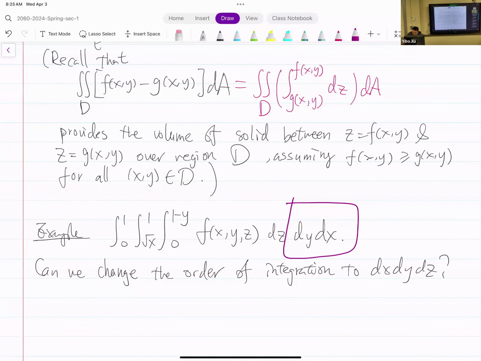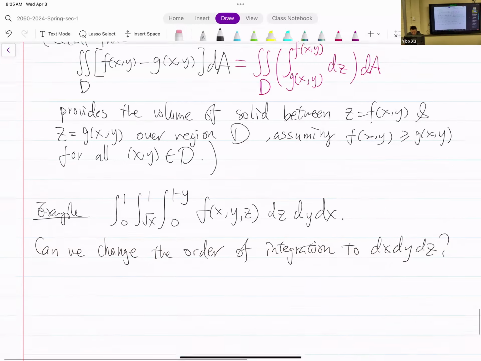So that tells you the way that you're covering that region. But then for dx dy dz that we want here, we are projecting onto the yz plane. And then also z is free and y relies on z. Finally, x relies on both y and z for the way that we're looking at.